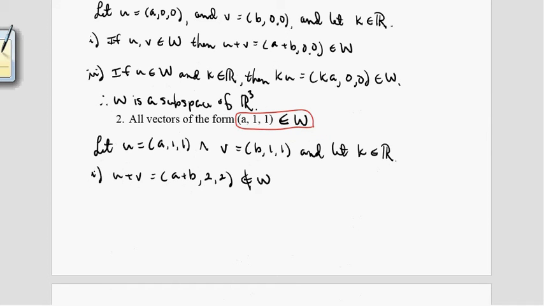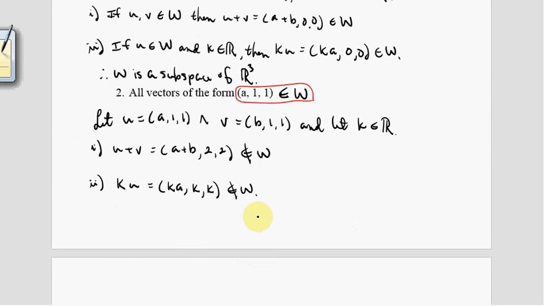So that one fails, and likewise the second one fails. KU, which is KA, comma, K, comma, K, is not in W. So we conclude that W is not closed with respect to vector addition, and W is not closed to scalar multiplication. So W is not a subspace.